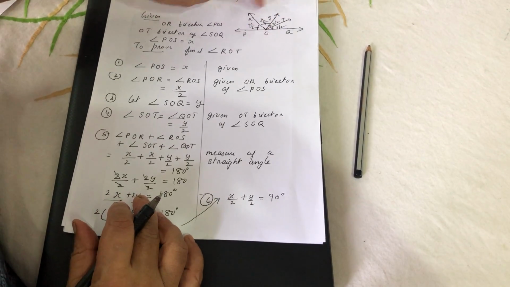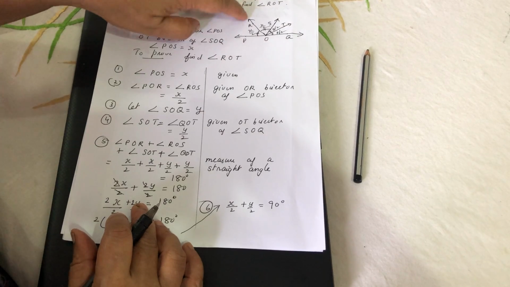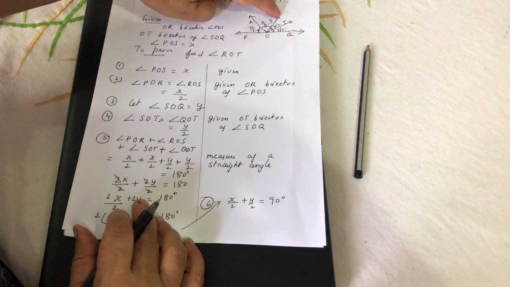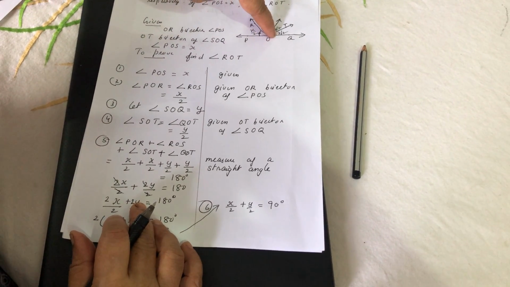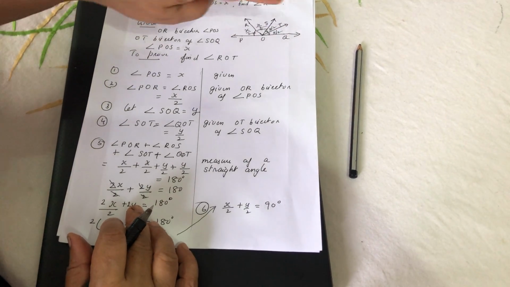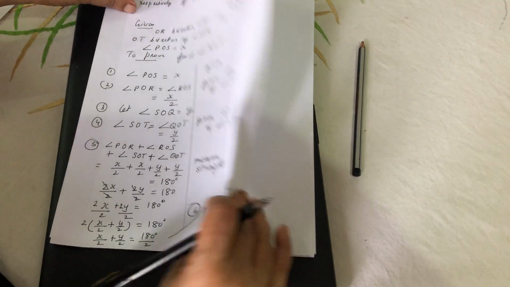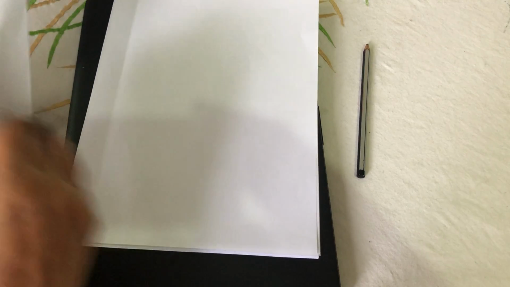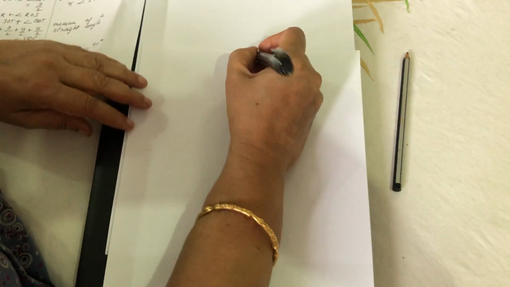What is x by 2 here? You can take ROS as x by 2 and SOT also as y by 2. I think I'll show it here. Eighth one.